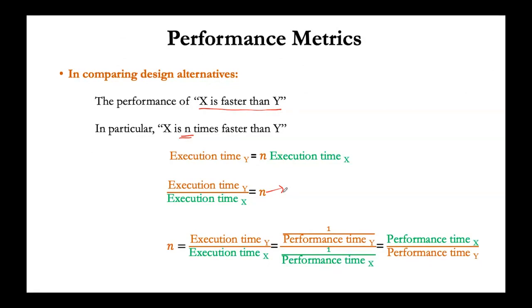In practice, this can be done by decreasing response time or adding more processors to a system, provided input output is managed efficiently. So the relative performance is the execution time of Y divided by the execution time of X, which in terms of performance means the performance of X divided by the performance of Y.